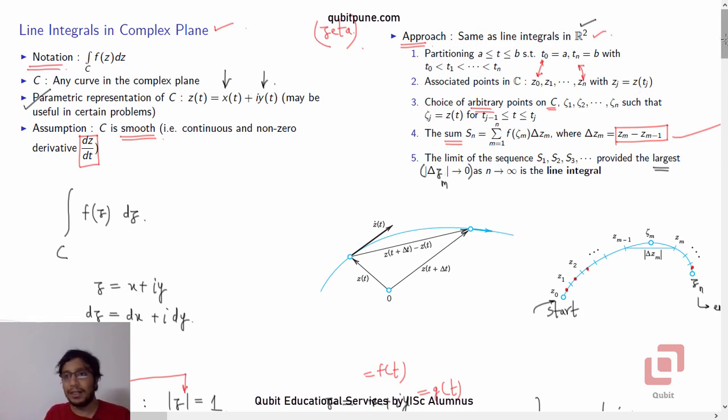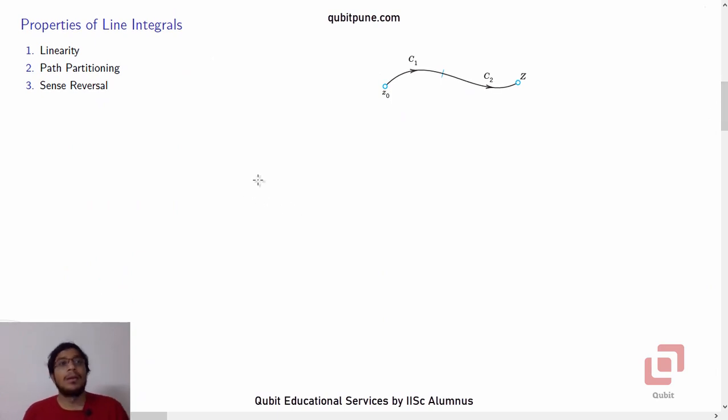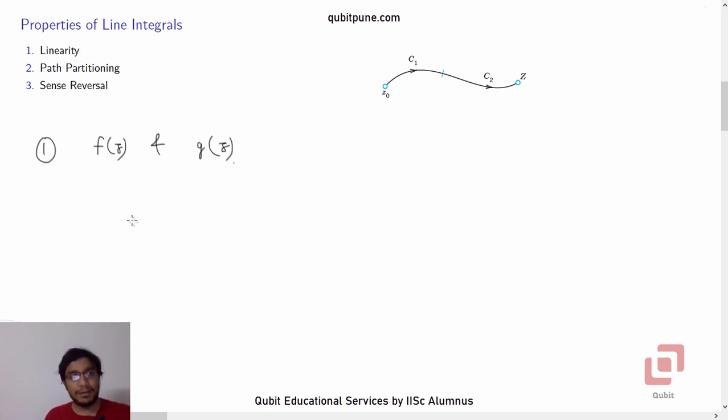So let's now go to the properties of line integrals. The first property is the linearity property. Let me explain what this means. Suppose we have two different functions, f of z and g of z, and we are interested in finding the value of the integral along some curve C of a times f of z plus b times g of z, where a and b are constants.